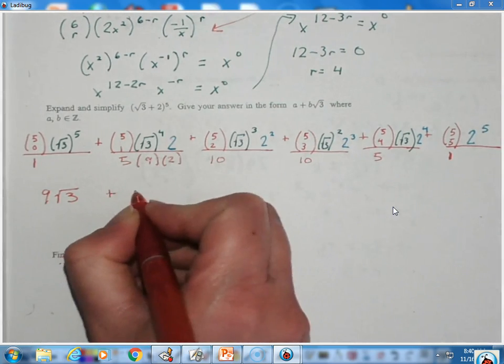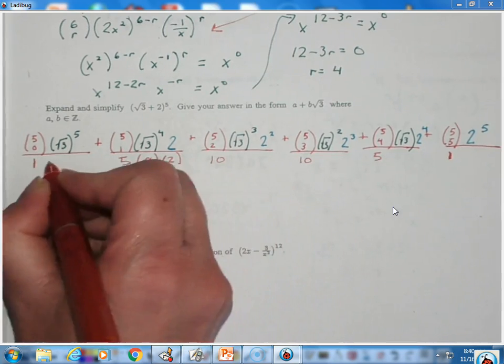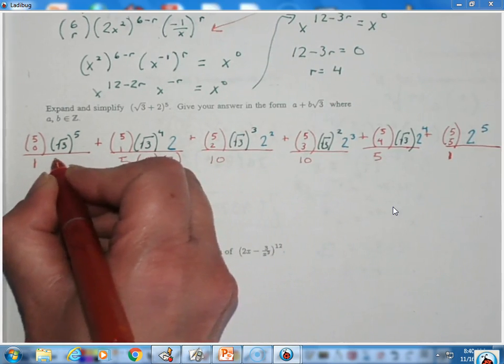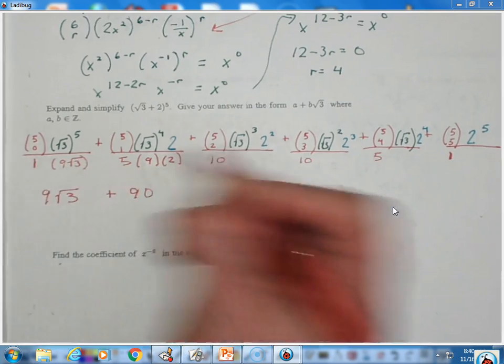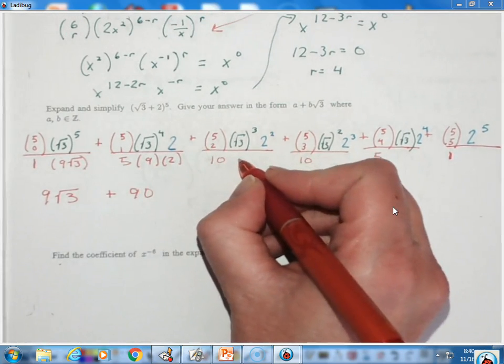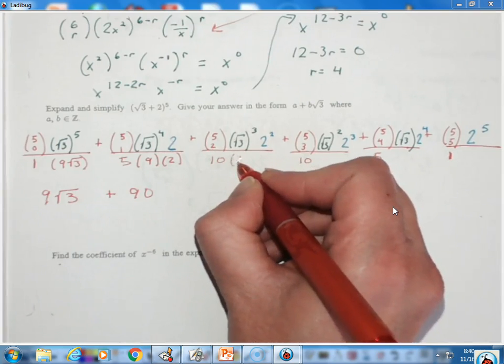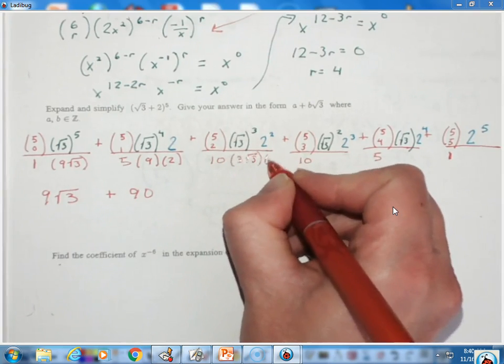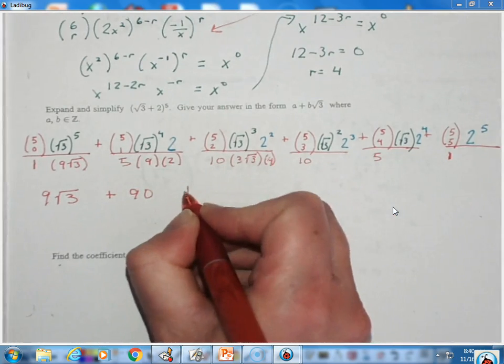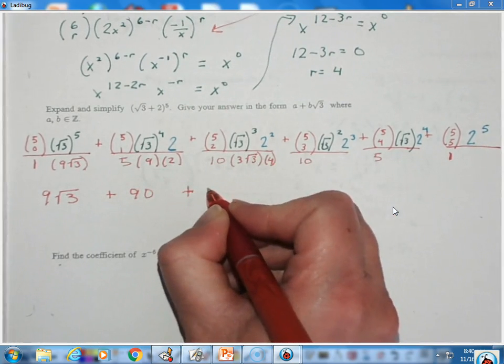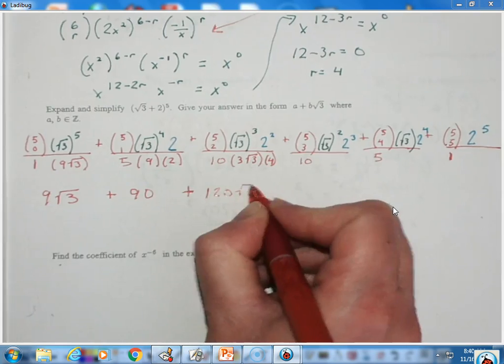So this guy would just be 90. Okay, square root of 3 to the 3rd. Yep. Okay, so that would be 120 root 3.